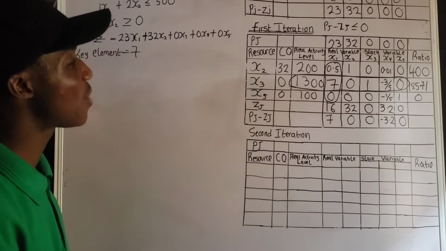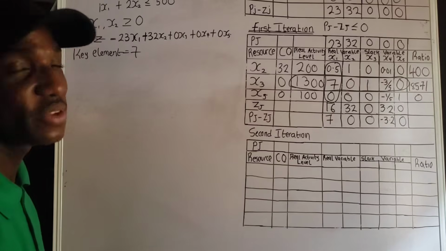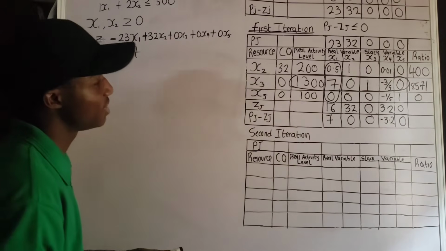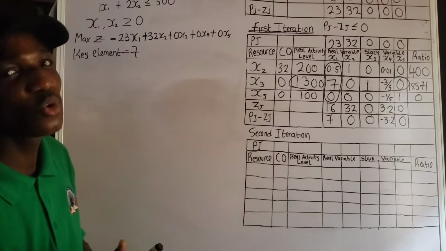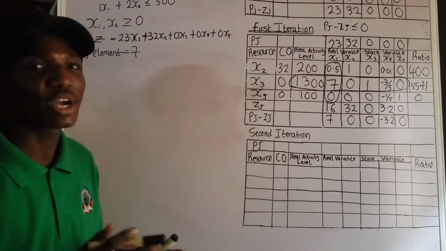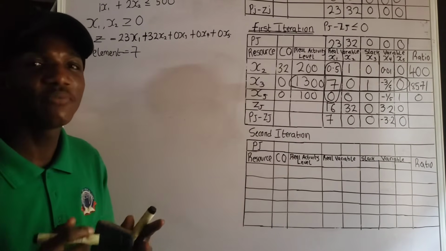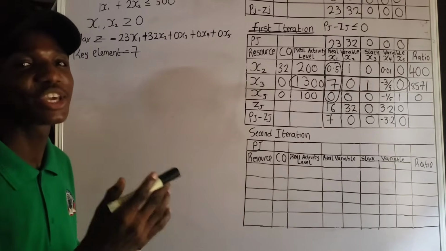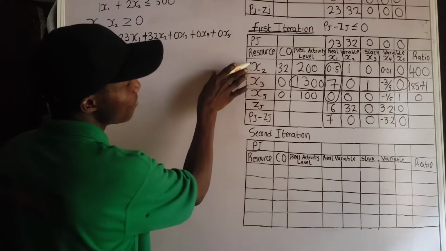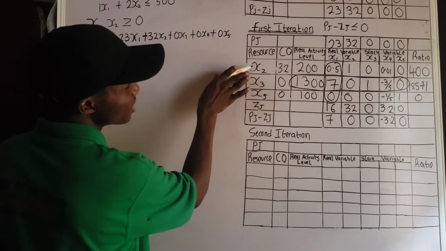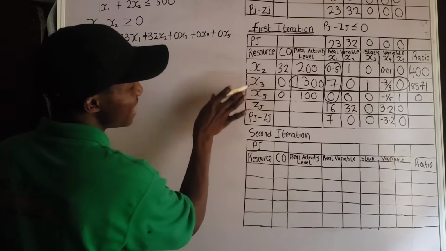Now we are going to have our entry variable and the leaving variable. I told you from the previous calculation that the entry variable is the variable which our key column points to, and the leaving variable is the variable which our key row points to. As you can see, among our program variables in the first iteration we have x2, x3, x5.